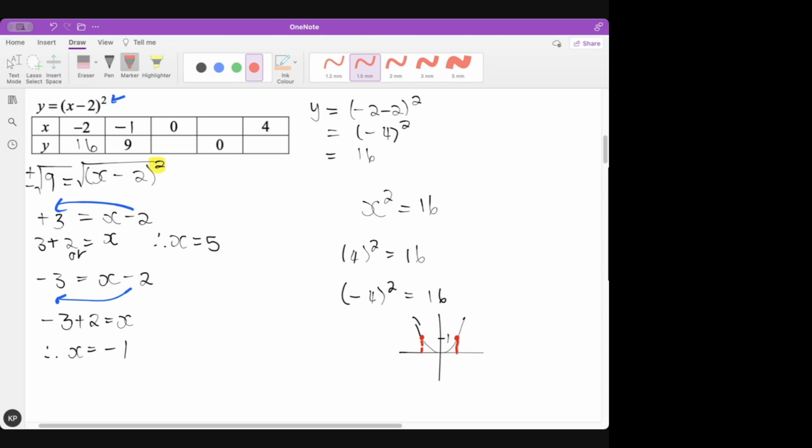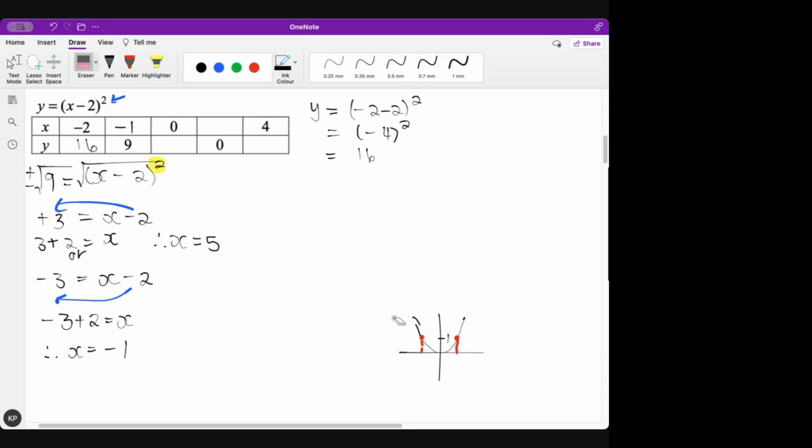So my graph curves, which means this condition will be true on two separate occasions. So y is equal to 1 on the positive side, but it's also equal to 1 on the negative side. That's why there are two possible solutions.